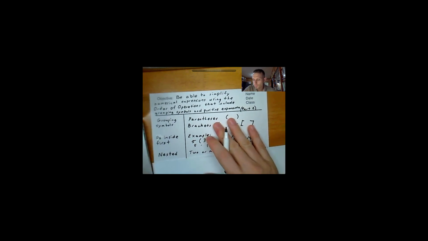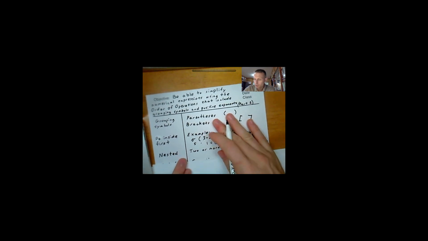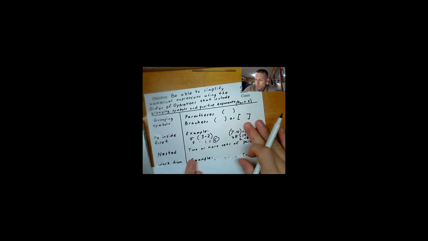Okay. Now, sometimes you'll see more than one set of parentheses or brackets in the same problem, and that's usually called nested parentheses. Let me show you. If you have 2 or more sets of parentheses, it's called nested, and in this case, you'll work from the inside out.